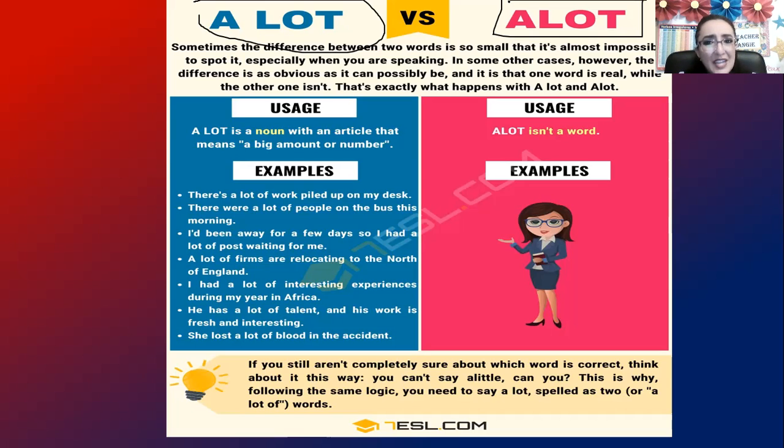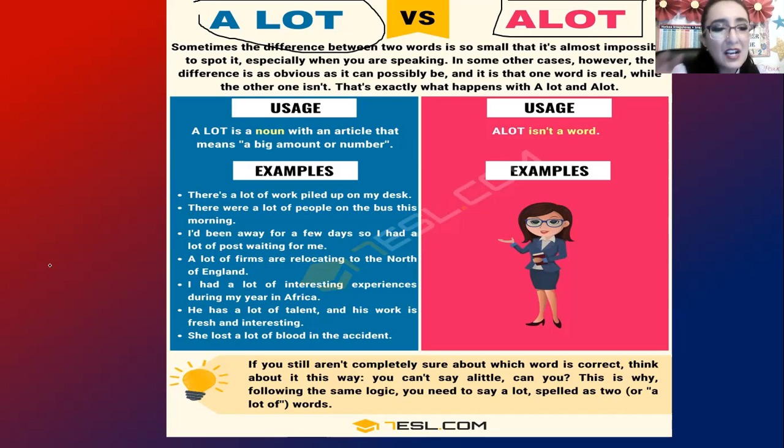"Alot" together is not a word, but you can be using it as pronunciation. "Alot" is going to be meaning the same. Mucho, mucho, and that's a word. Haz de cuenta que este "alot" es una cuestión.